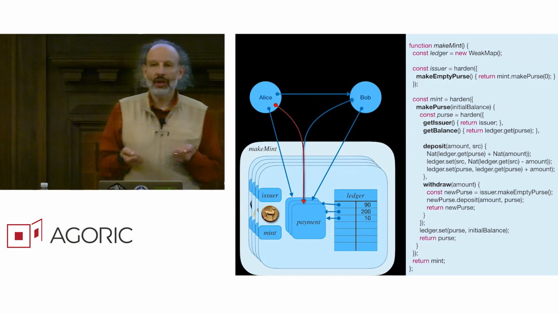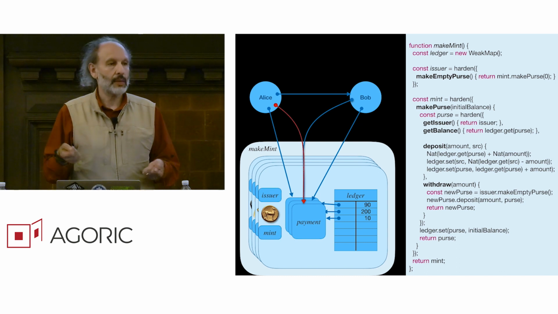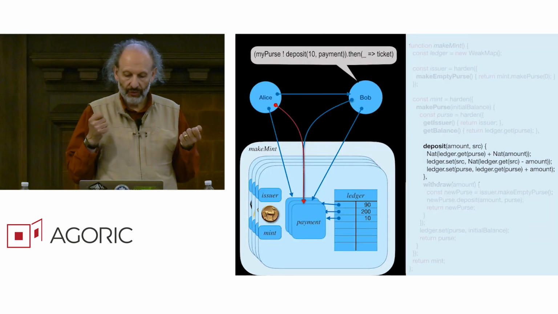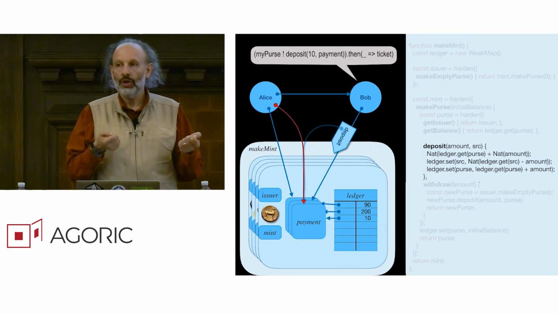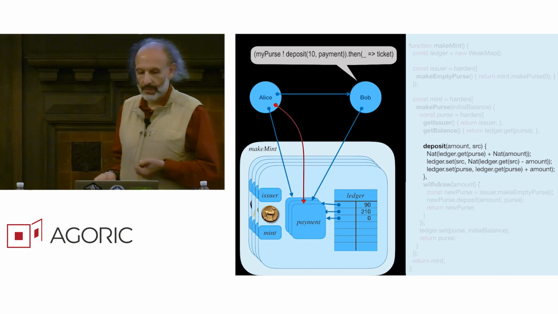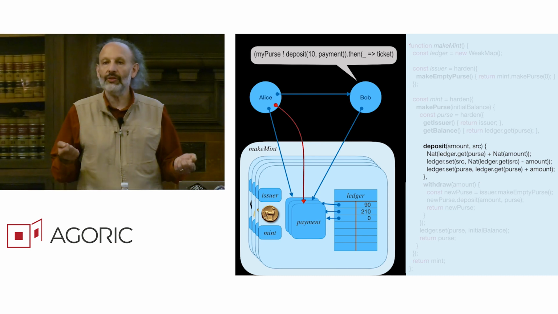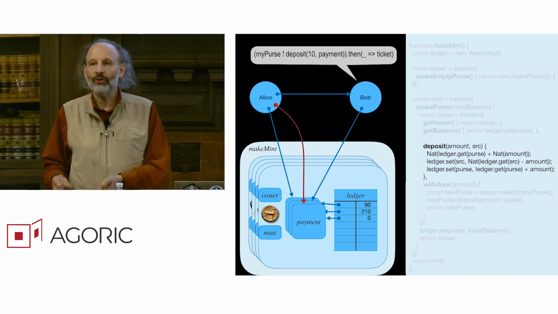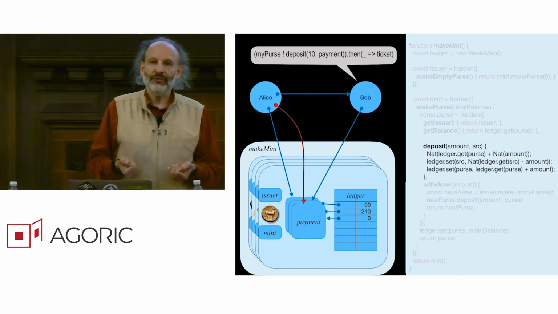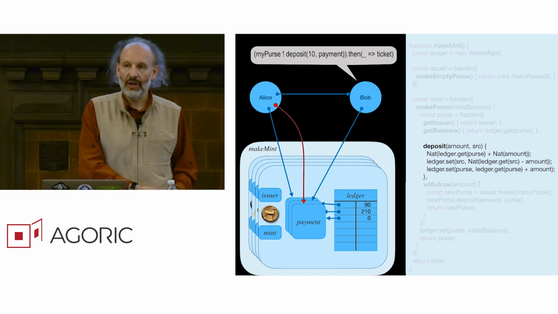So to turn the object that Bob has gotten into getting paid, Bob sends a deposit message to his main purse with the payment purse as an argument. The main purse looks up the payment purse in the ledger, and if the payment purse is in the ledger, and only then, is it actually a legitimate purse of this currency?